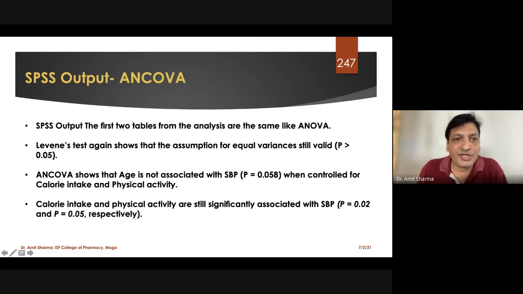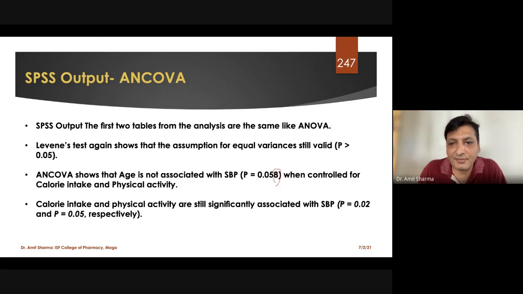This is the output sheet showing how we write the results. You can write that Levene's test again shows that the assumption of equal variance was met, since the p-value was found more than 0.05, and ANCOVA shows that age is not associated with systolic blood pressure. Why did I consider that it is not associated with blood pressure?